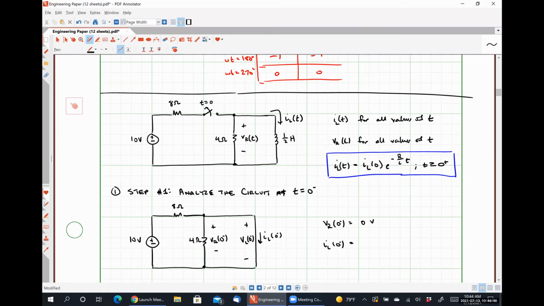So we have the voltage solved for. How would we determine the current, IL?